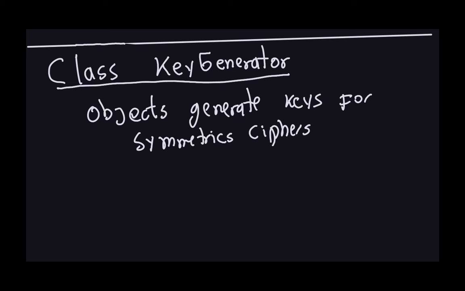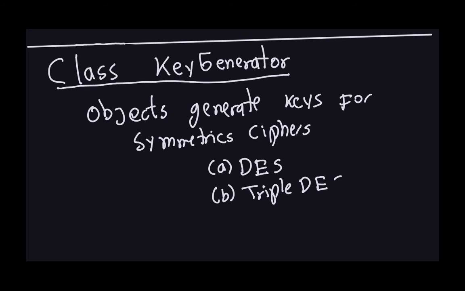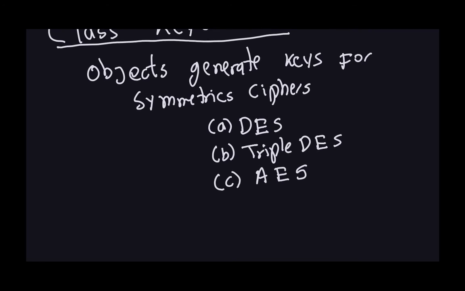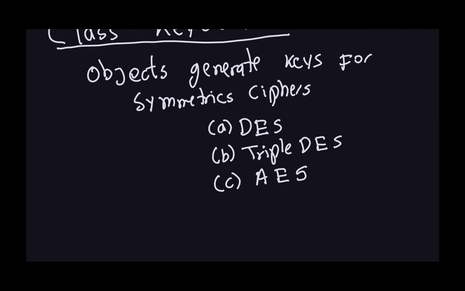We're not going to look at all of them, but we're going to generate keys for DES. We could also generate keys for triple DES, and we could also generate keys for the advanced encryption standard, which is the other standard. We haven't mentioned that actually. We will go into the details of that standard later. But let's concentrate here on the DES and how to generate keys for this DES.